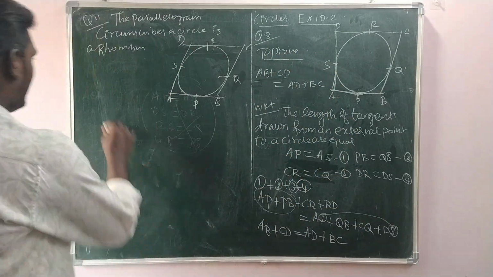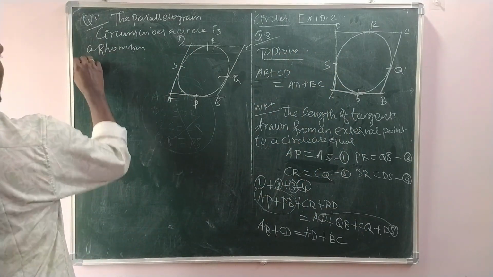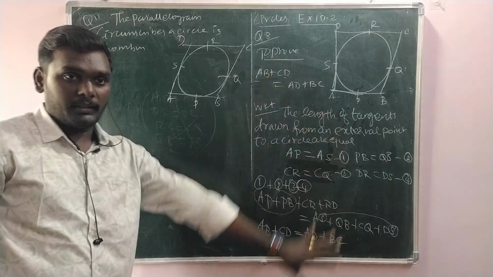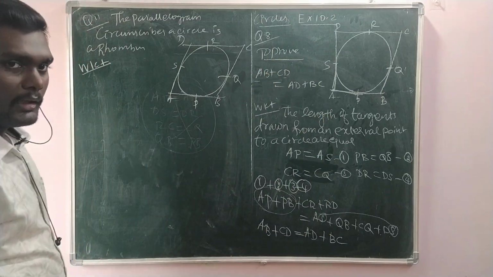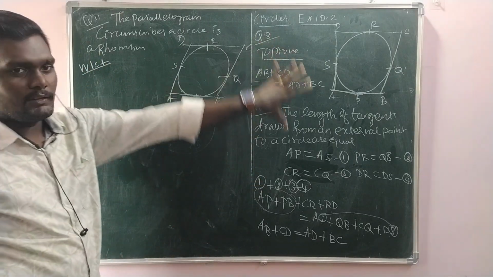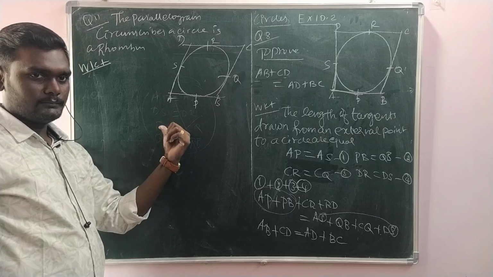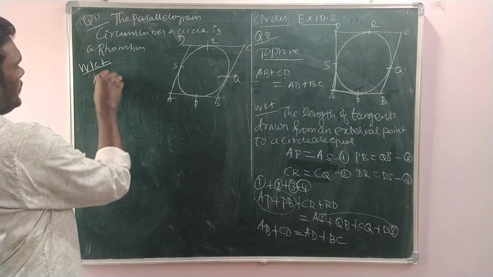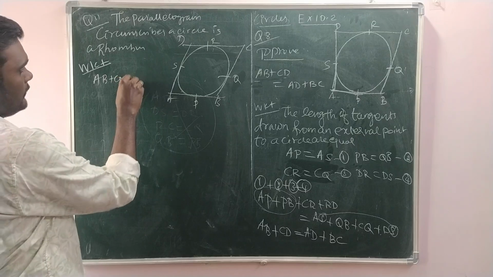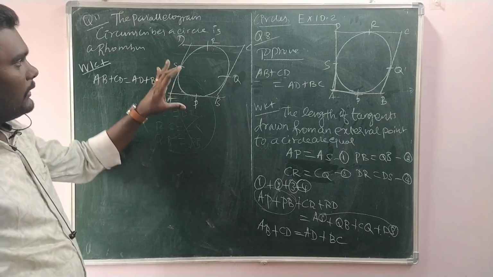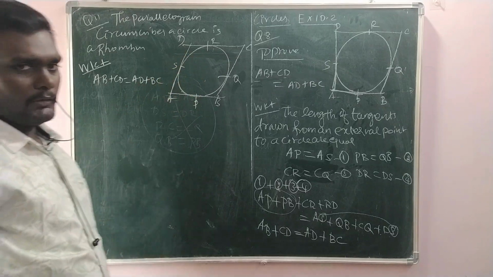We will be arriving at the result AB plus CD is equal to AD plus BC. I am taking it as known from the previous result, but in the exam you have to prove it, you can't just take it as the result. This is the first half of this question. Now, what makes a parallelogram a rhombus?